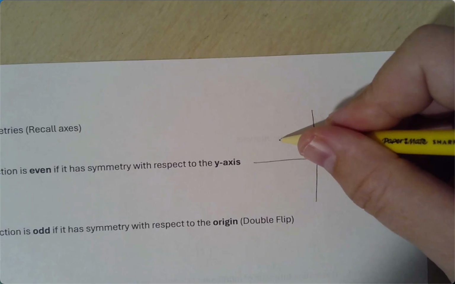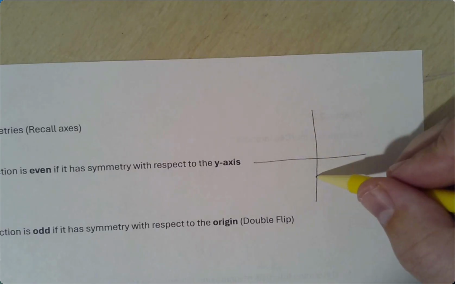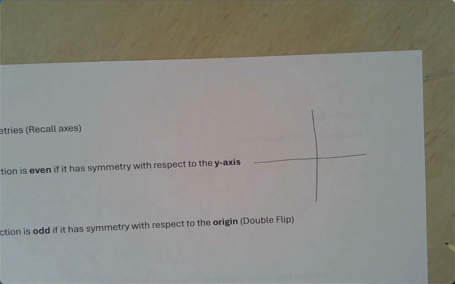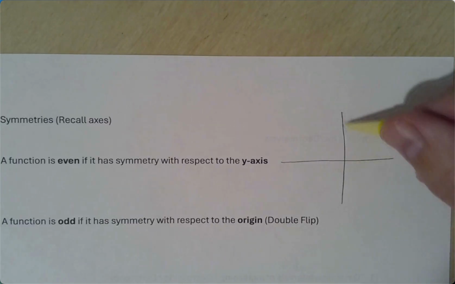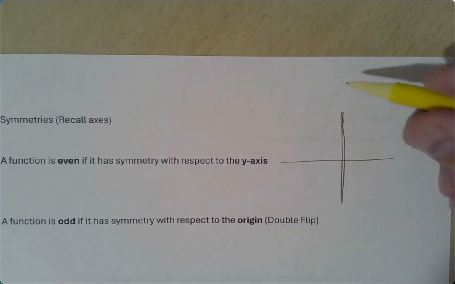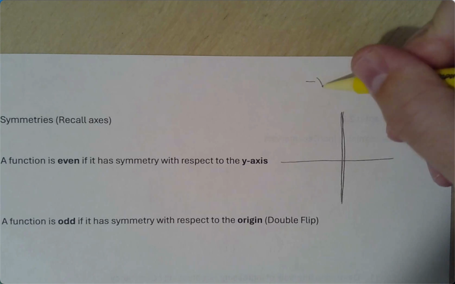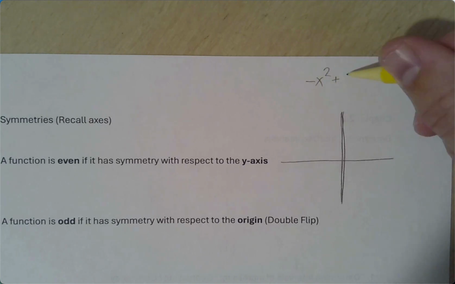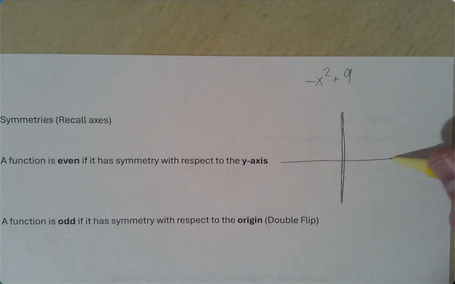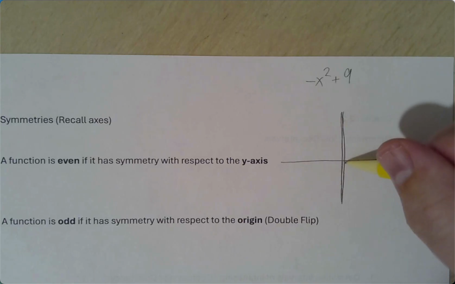In our notes, if you remember, we actually had that graph of absolute value of x minus 2. So maybe look back into your last section of notes for that one, but that would be an example. Let's say I had -x squared plus 9. I know you don't know what that graph looks like yet, but you will.